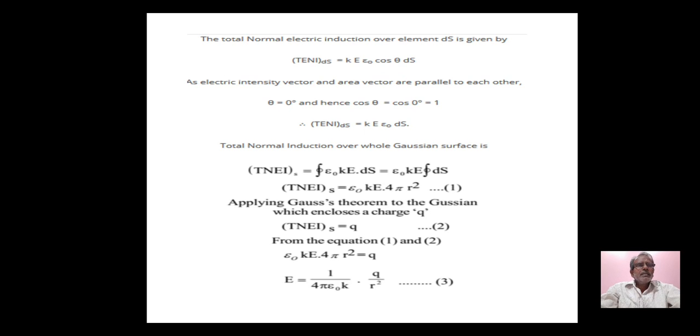E is intensity at the point of a surface element ds, and theta is the angle between electric field vector and outgoing normal to the surface element ds.